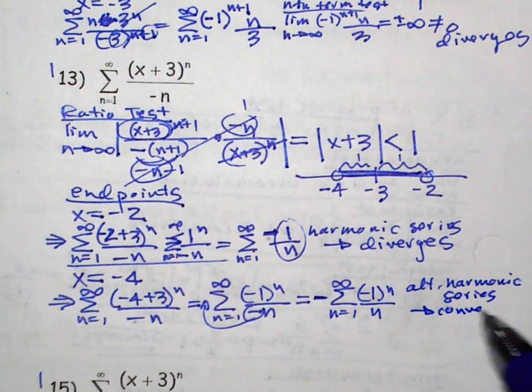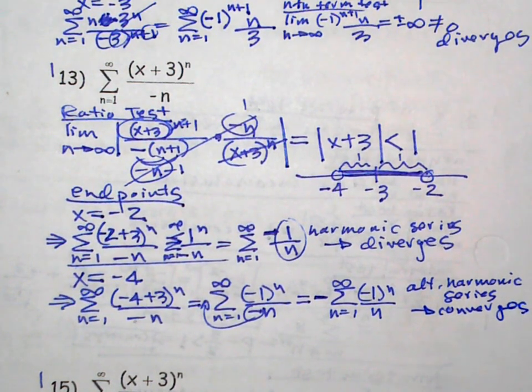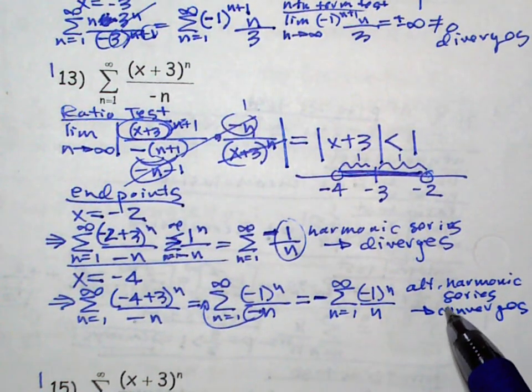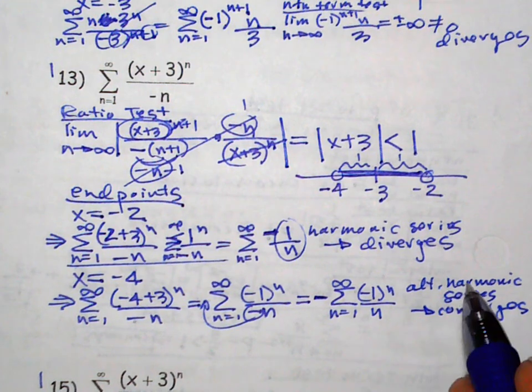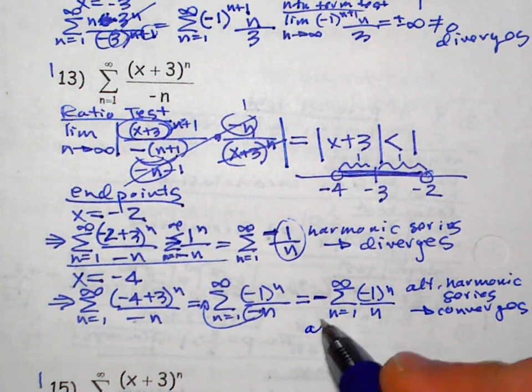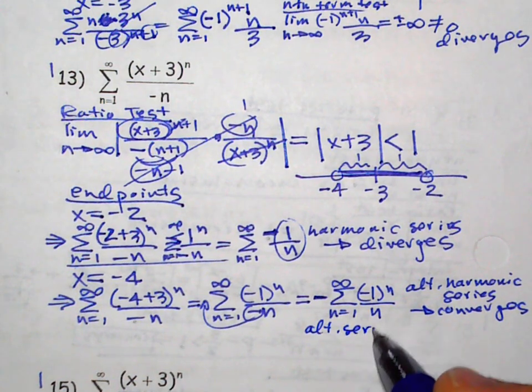Now, I'm all right with you writing that down, but the nth term test is going to be inconclusive, the ratio test is going to be inconclusive, the integral test is going to work, but you could also use the alternating series test.